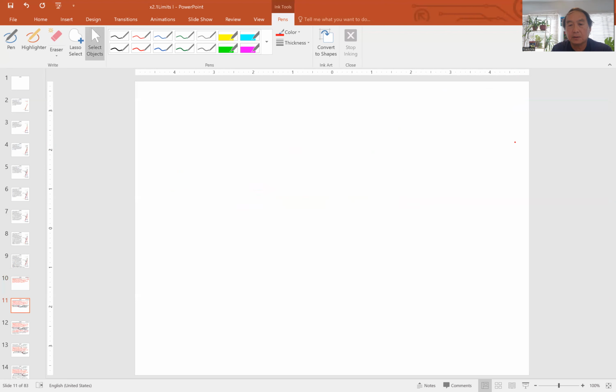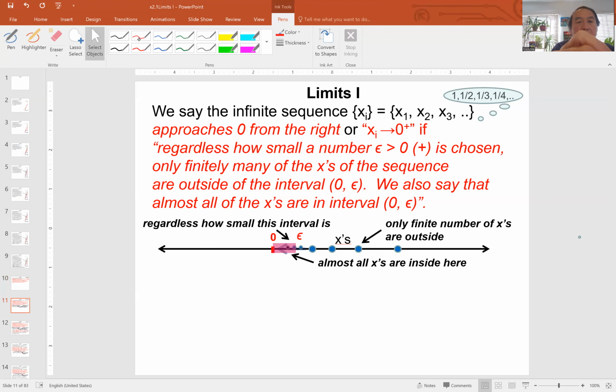On the picture, it looks like this: we have these points going toward 0. So we define what we mean by a sequence shrinking to 0. For this one, it's clear that it's shrinking to 0.